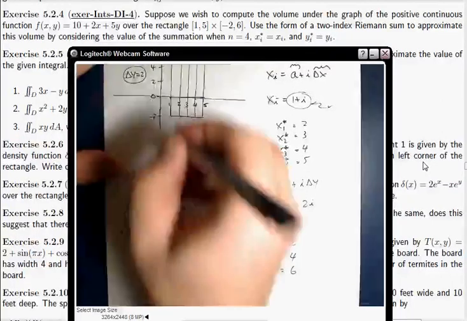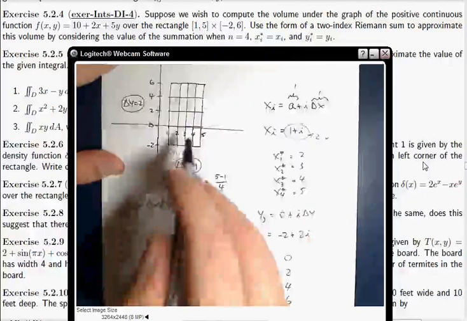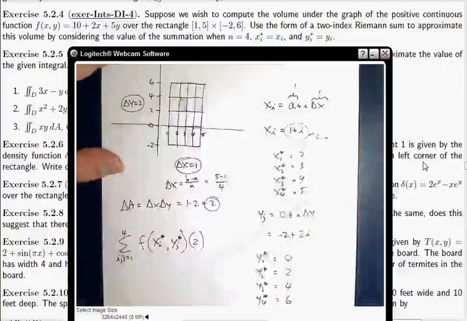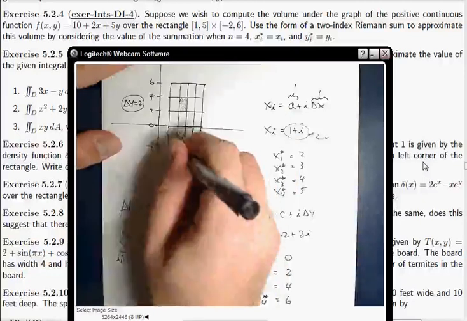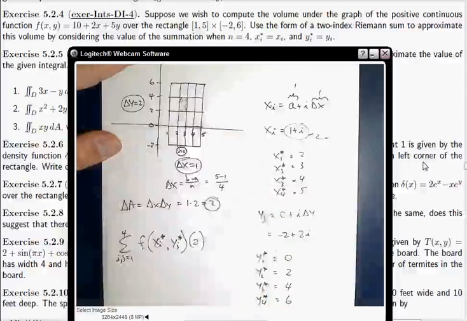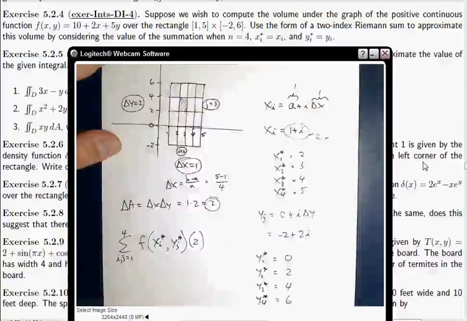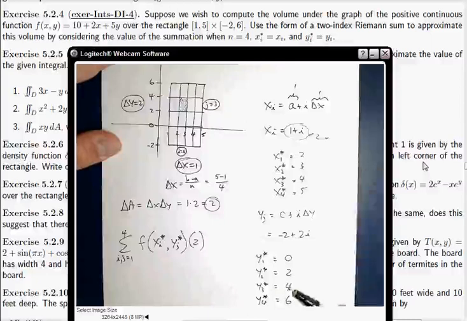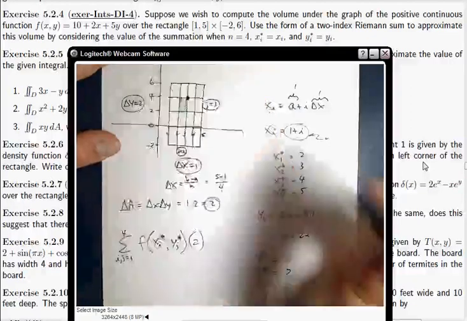For each of these, you're looking at 16 little rectangles. Here are your 16 rectangles. For example, let's consider this rectangle here. For that rectangle, i is equal to 2 and j is equal to 3. So i was equal to 2, so x is equal to 3. j was equal to 3, so y is equal to 4. That means we're looking at that point, the upper right-hand corner.